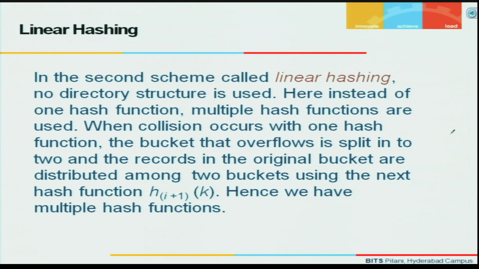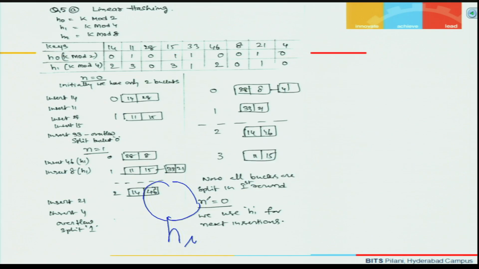When collision occurs with one hash function, the bucket that overflows is split into 2 and the records in the original bucket are distributed among the 2 buckets using the next hash function. If there is an overflow with hash function hi, we will use hi plus 1 to decide the bucket where the data needs to be stored. Hence, we have multiple hash functions in linear hashing.